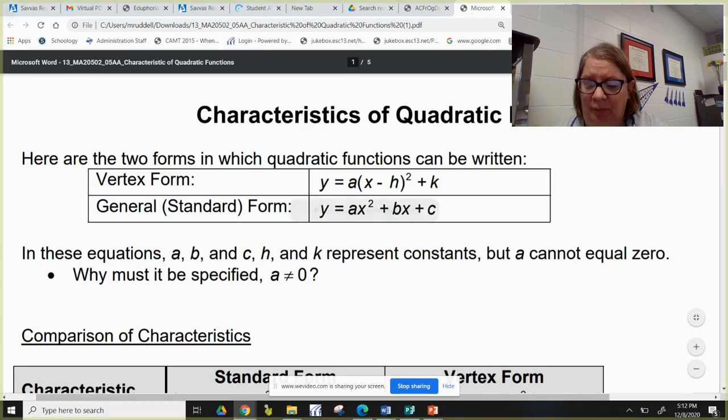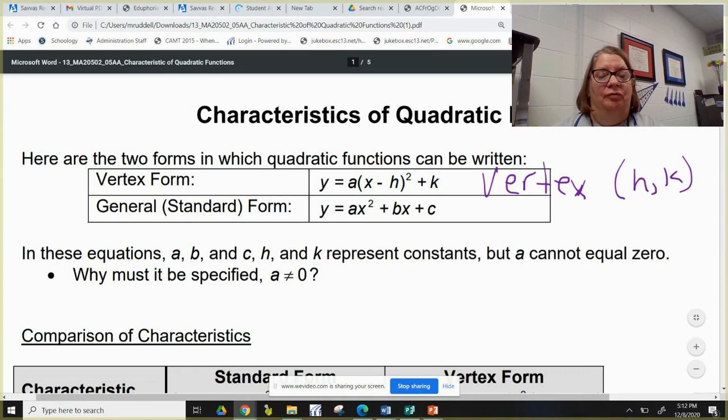I don't know if you remember that we said the vertex was h, k. If your equation is in vertex form, the vertex is told by the 2 letters h and k. Or you might be in general form or standard form, where you have ax squared plus bx plus c. It's the same equation, just 2 different forms.